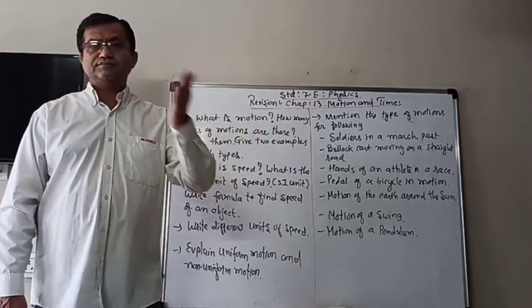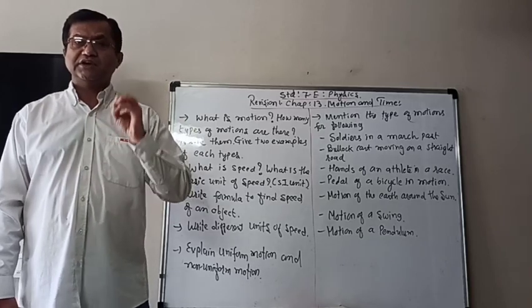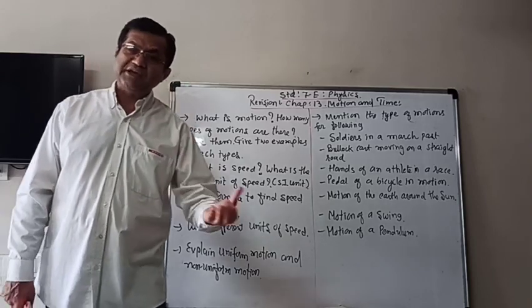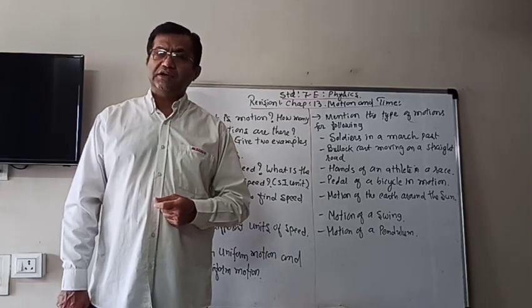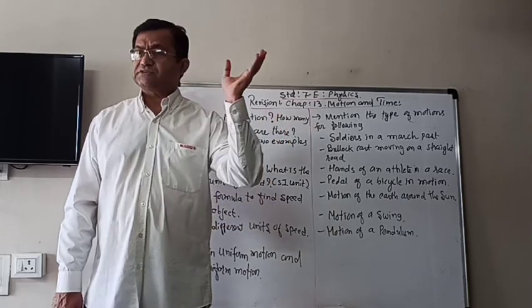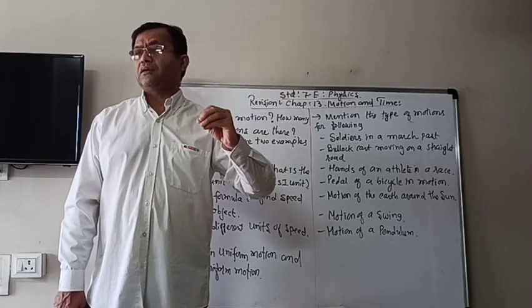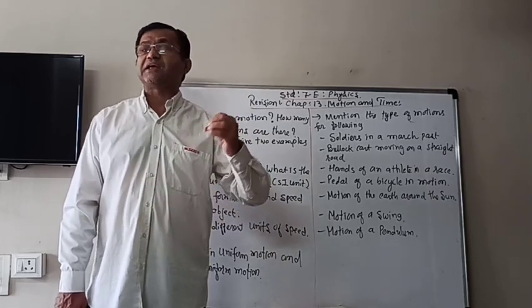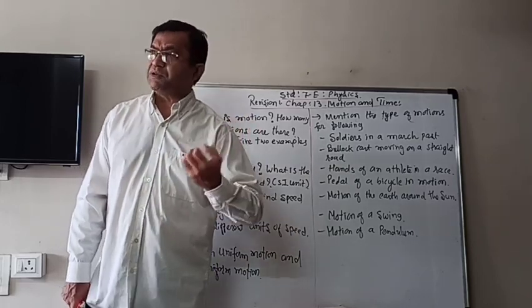If the motion is repeating after the same interval of time, it is known as periodic motion. And if it is uneven motion, it is known as random motion. And you can have examples of each type.